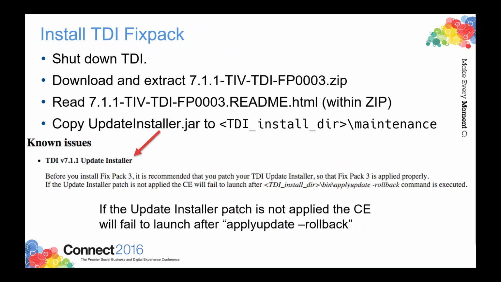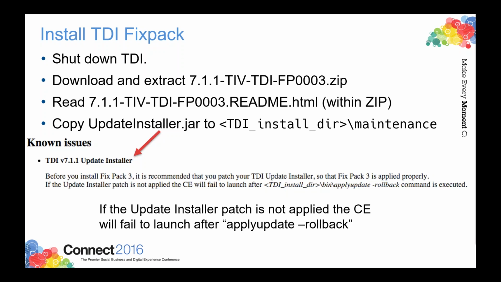How can you install the TDI Fixpack? Just shut down TDI, download and extract the Fixpack 3 package at Passport Advantage or the IBM software catalog. Please read the provided HTML file with the README.